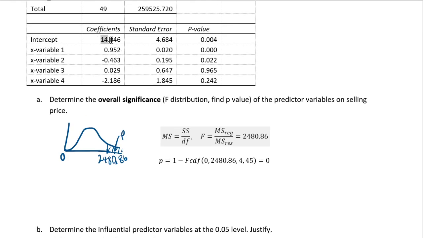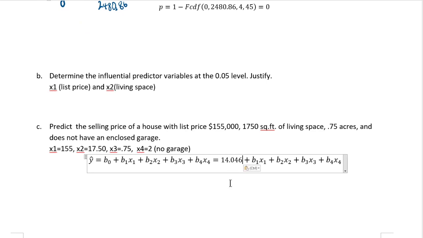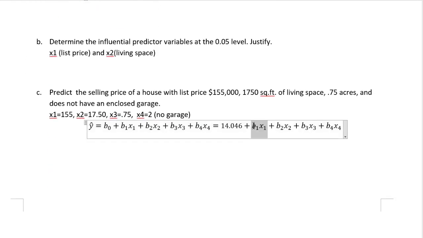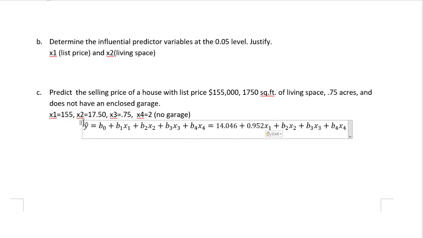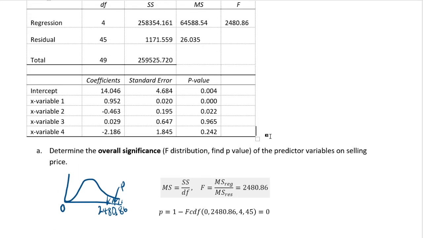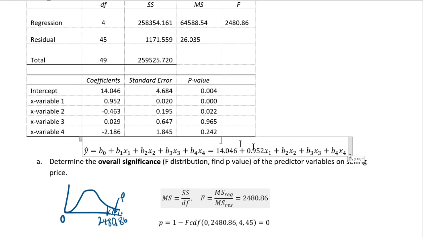So 14.046 is b0, so that's going to replace this one. 0.952 is b1. Sorry for going back and forth. You know what? Maybe I should just cut this one and put it right below here, so we can compare.